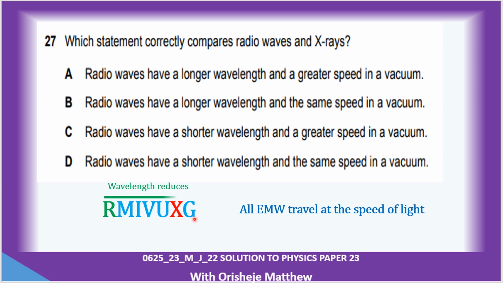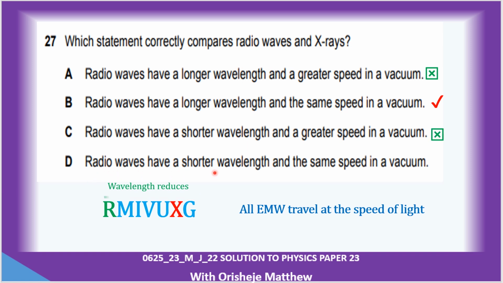So if you look at it, what's going to happen? Radio wave have longer wavelength and a greater speed. No, this is where it is wrong. It has equal speed. Radio wave have longer wavelength and the same speed in vacuum, correct? Radio wave have shorter wavelength and greater speed. No, both are wrong.